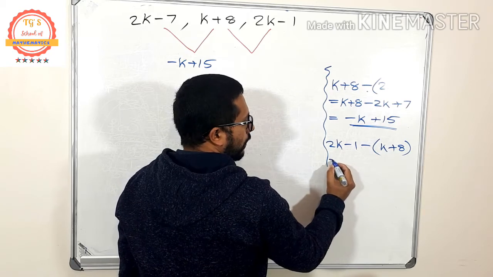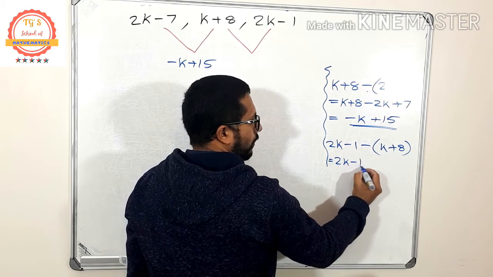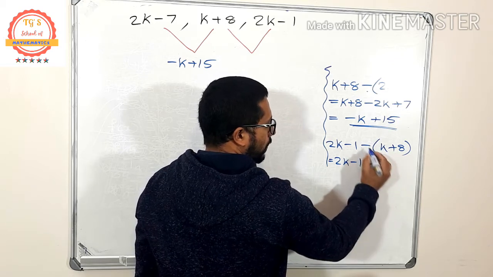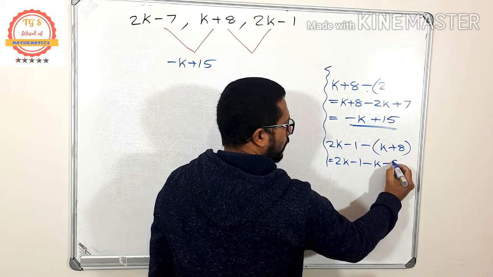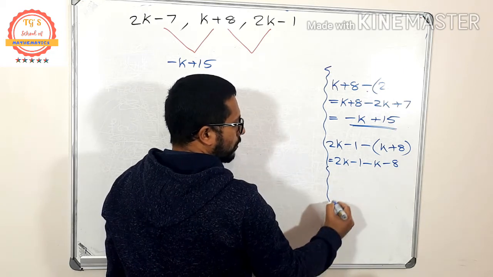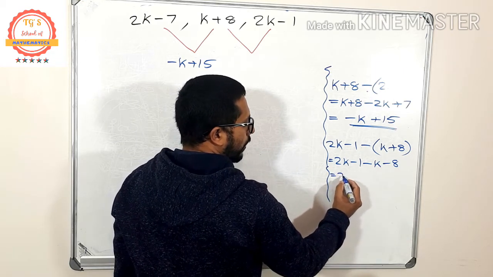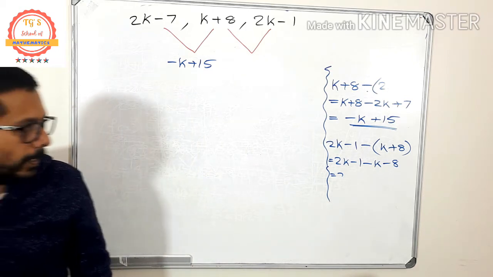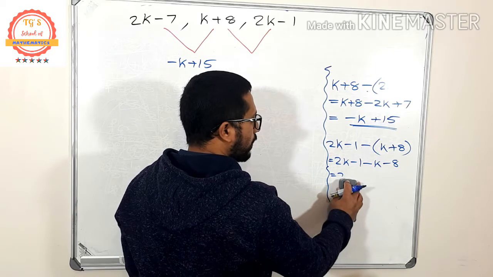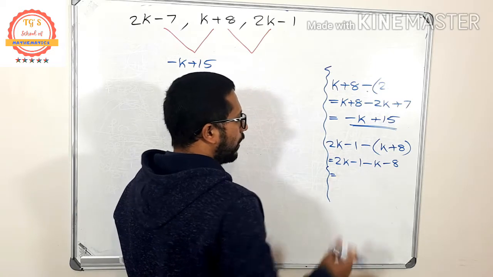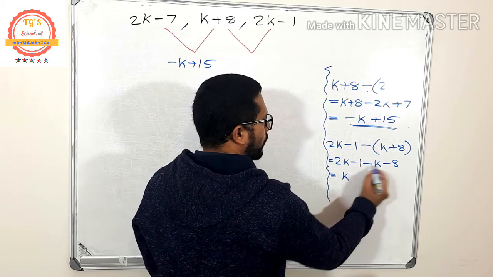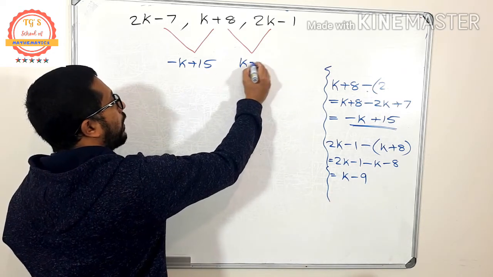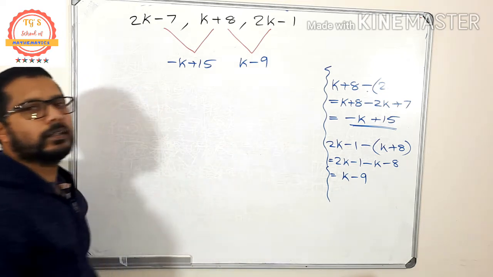So that is 2k minus 1 minus k, I'm going to expand. Minus into k is minus k, minus into plus 8 is minus 8. So that is 2k minus k. What is 2k minus k? That is k. Then minus 1 minus 8 is minus 9. So here this one is k minus 9.